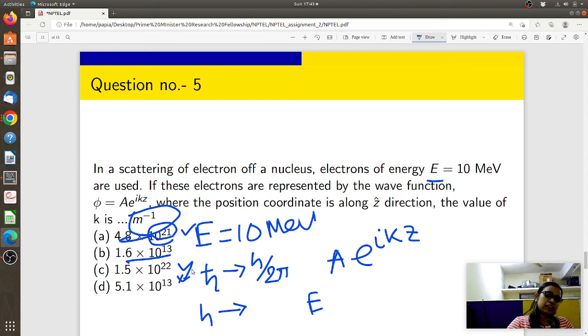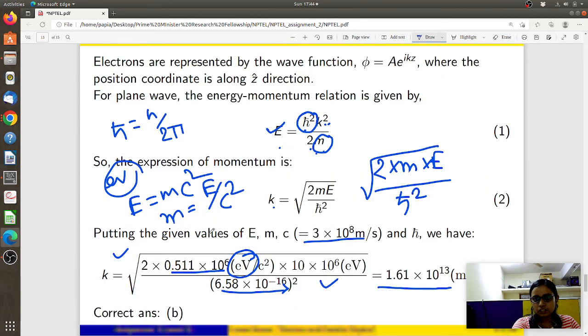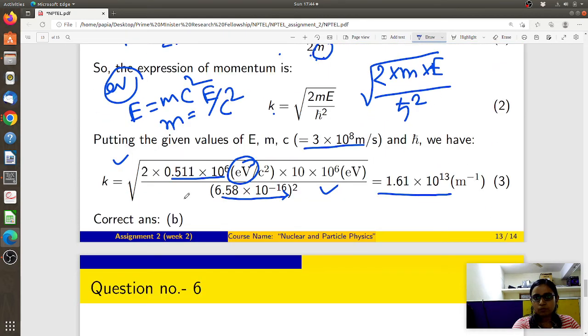I don't know, I have to check, but we always get the correct answer only if we convert all the units into meter, or meter, centimeter, something like that. So as c equals 3 into 10 to the power 8 meter per second, by putting these values in our equation number 3, we get the correct answer as 1.61 into 10 to the power 13 meter inverse. So the correct answer will be B.